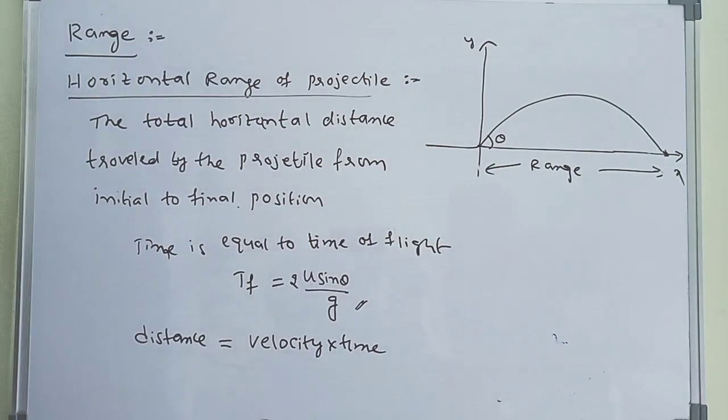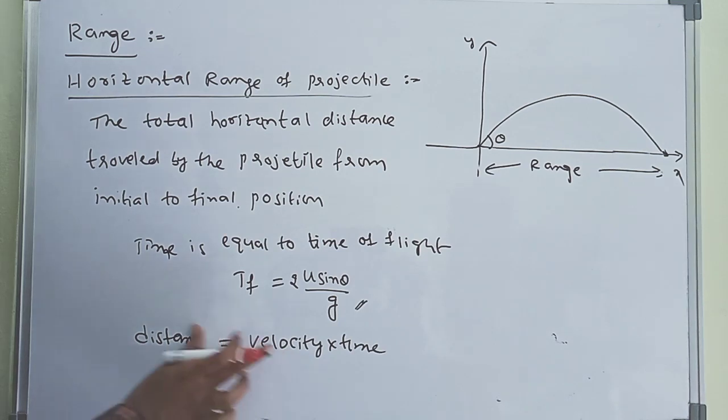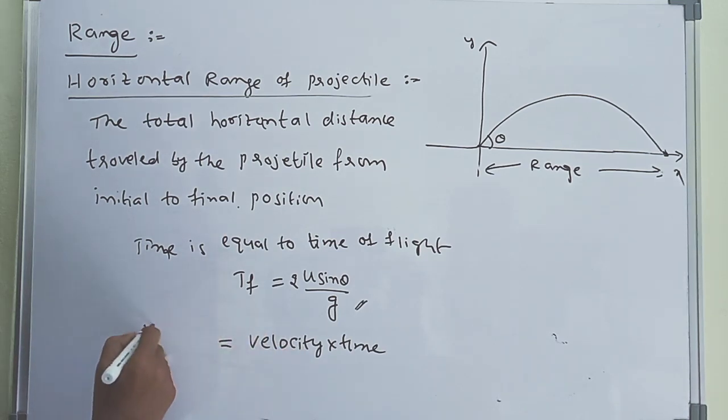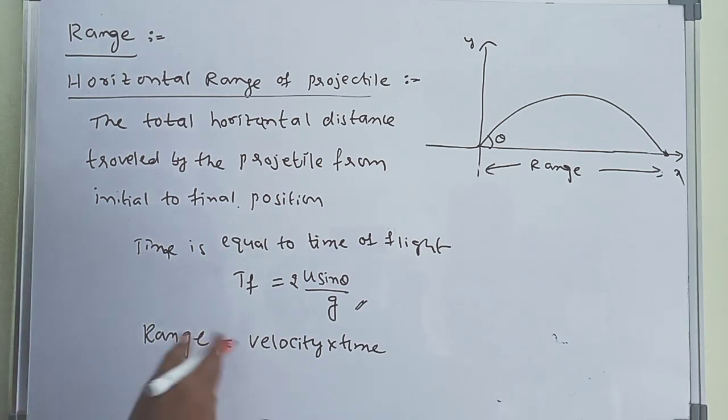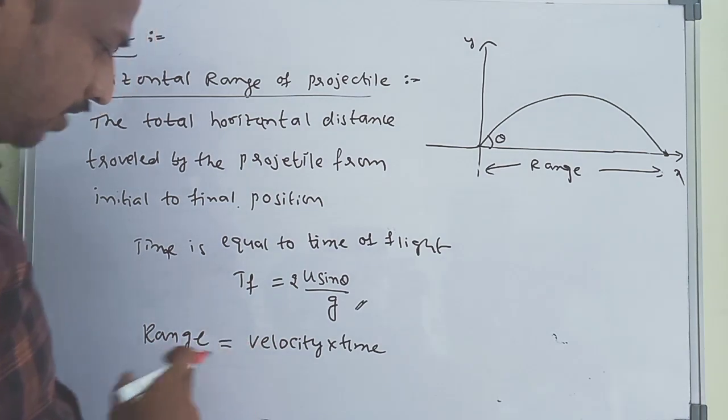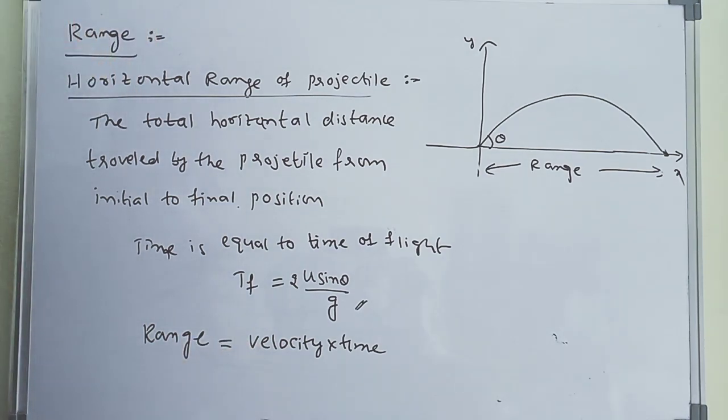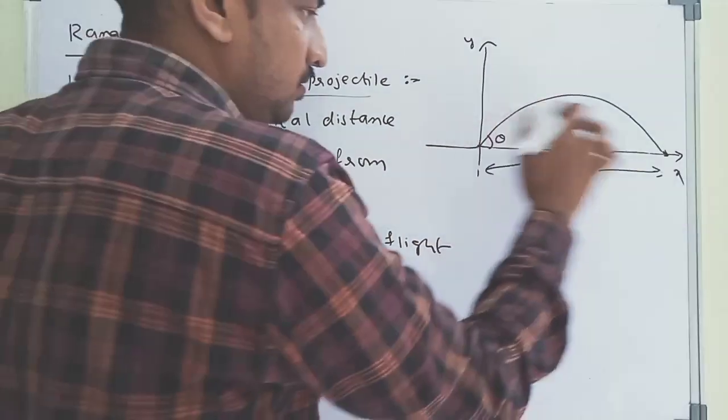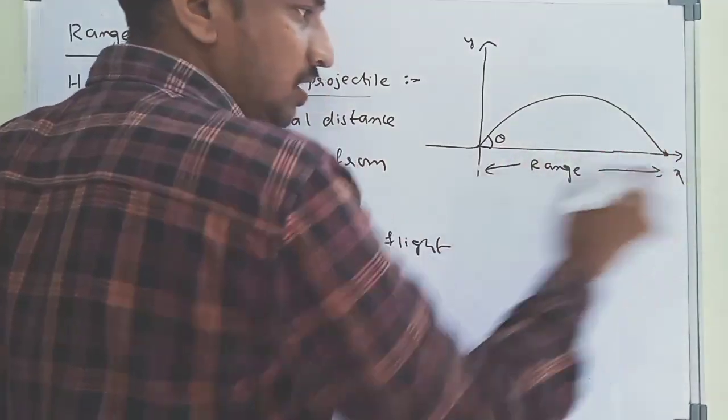Here we call it range, horizontal range. Distance is equal to speed into time. So that's why I am writing range is equal to velocity into time. So velocity in which direction? Horizontal direction.